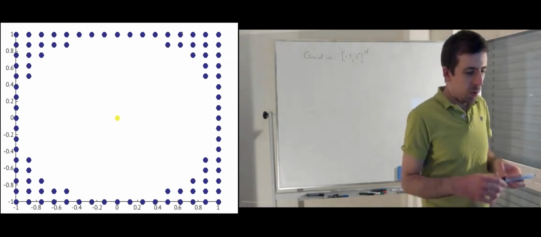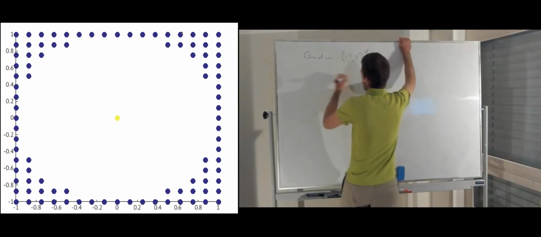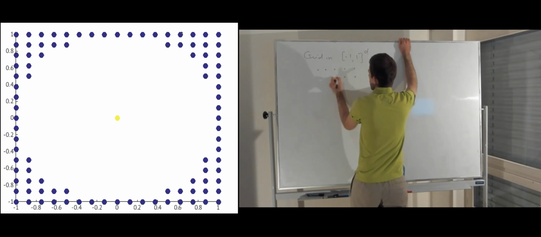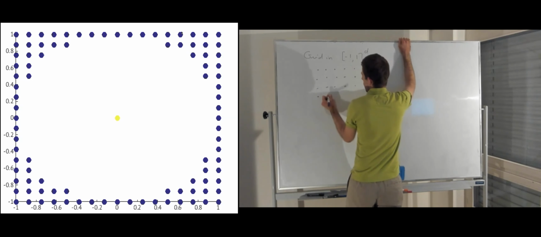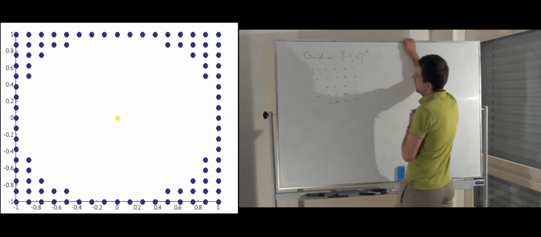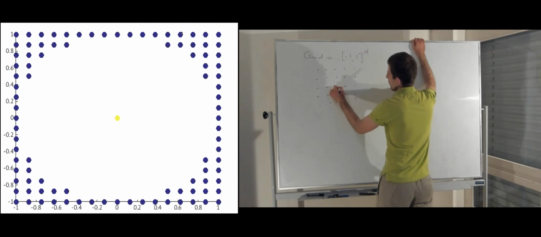Okay, so say in 2 dimensions, we take maybe a grid like this. Let's say this is (0, 0).